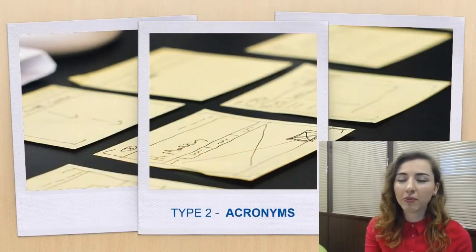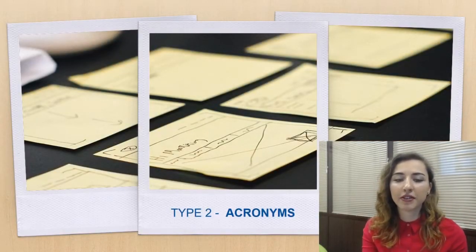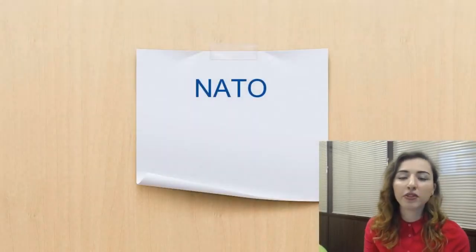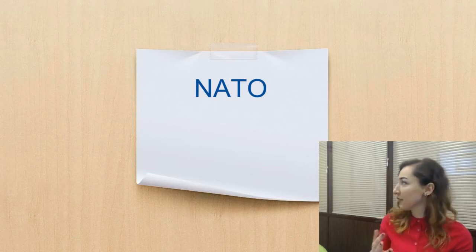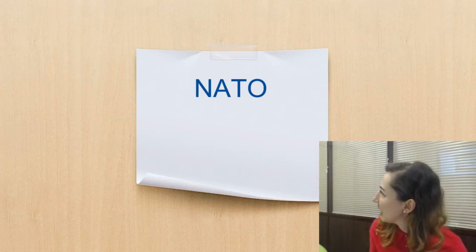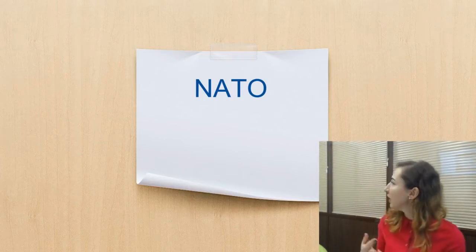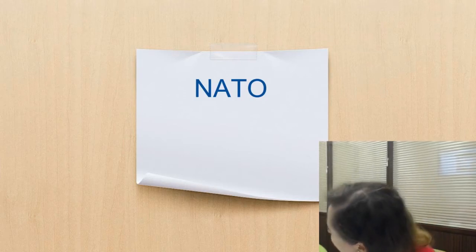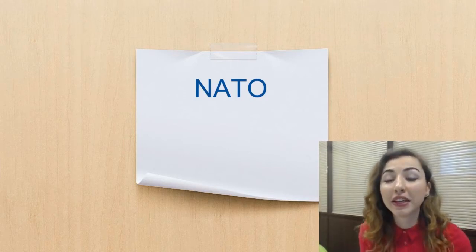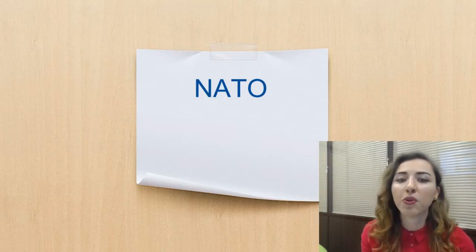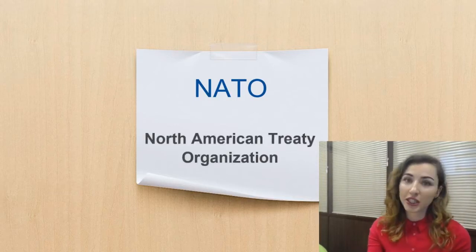Now, let's talk about acronyms and look at some of the examples here. So the first one is NATO, just to make sure that you pronounce it correctly. All right, so NATO stands for North Atlantic Treaty Organization.